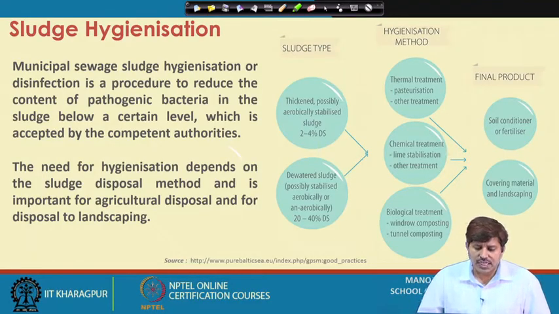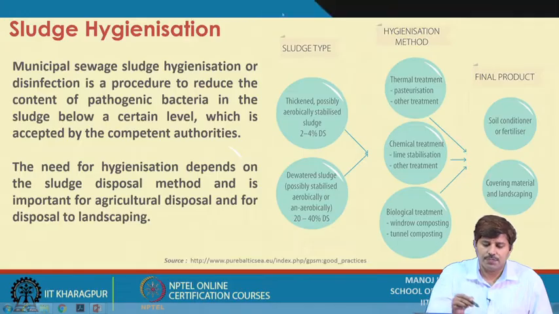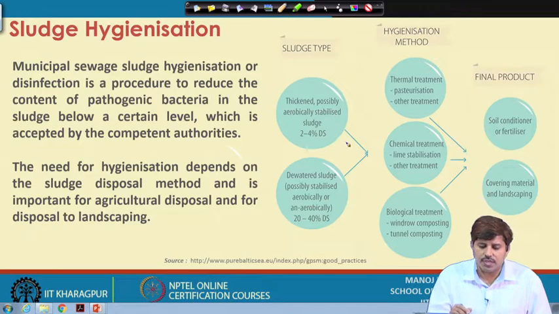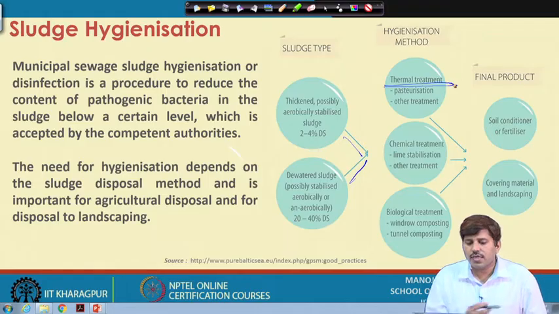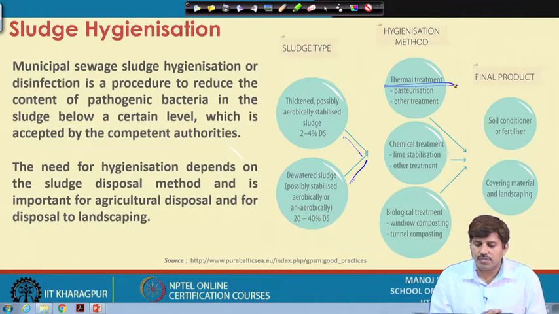So, the sludge type that we typically get is the thickened and possibly stabilized sludge, and the dewatered sludge will also come that way. The methods are thermal treatment, where we can go for pasteurization or other treatment methods.